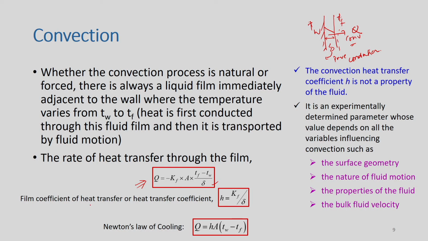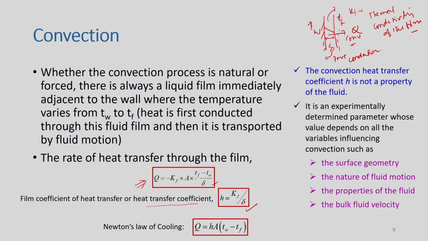So, this film coefficient of heat transfer, or heat transfer coefficient h, is nothing but Kf by delta. What is Kf? Kf is nothing but the thermal conductivity of the film.